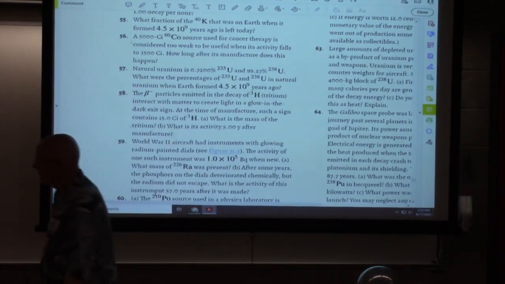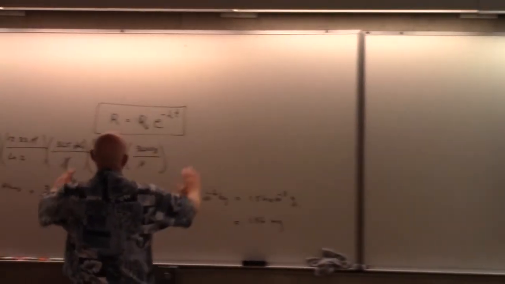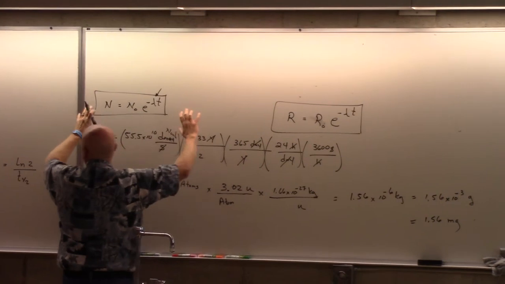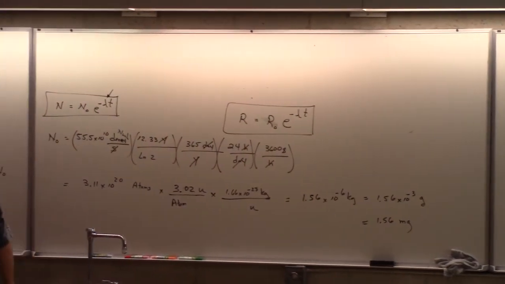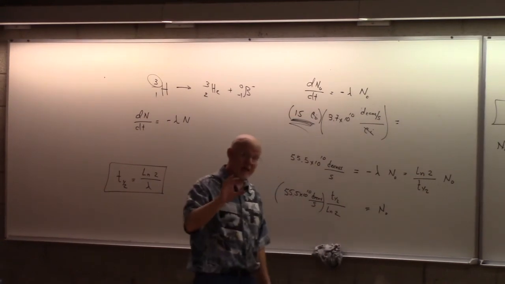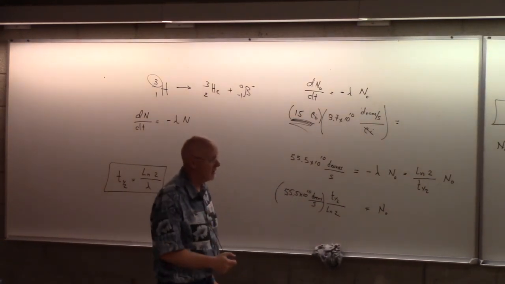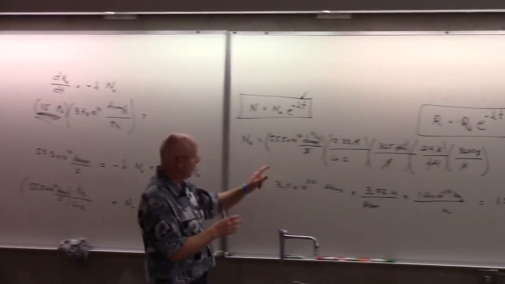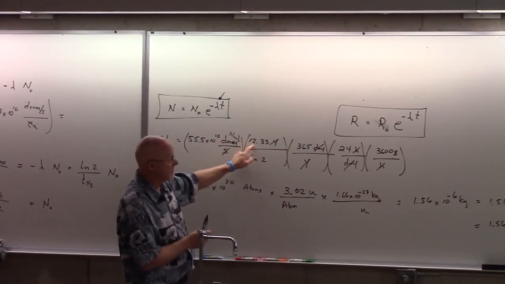All right, well, again, that's why I wanted to emphasize this equation and this equation as having the same decay. Because remember, it had an activity of 15 curies, and it has, remember, a half-life of 12.3 years.